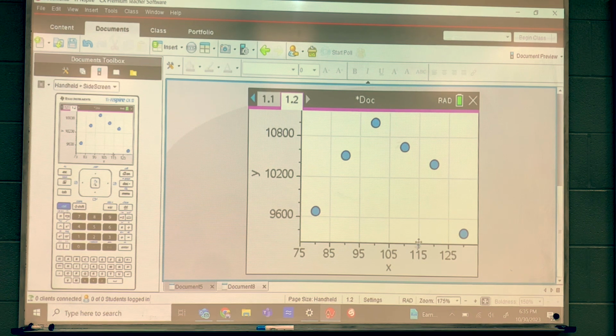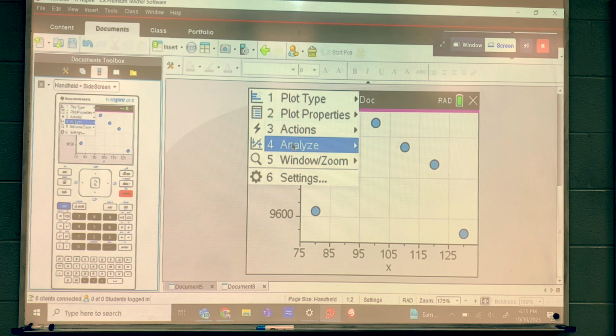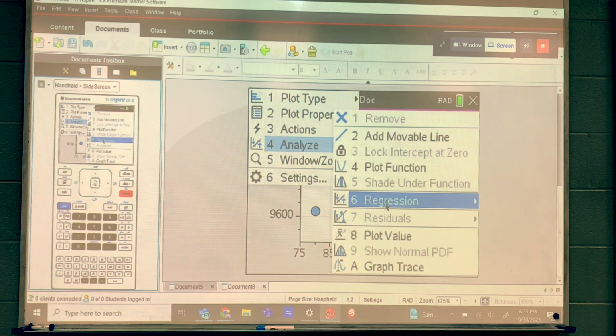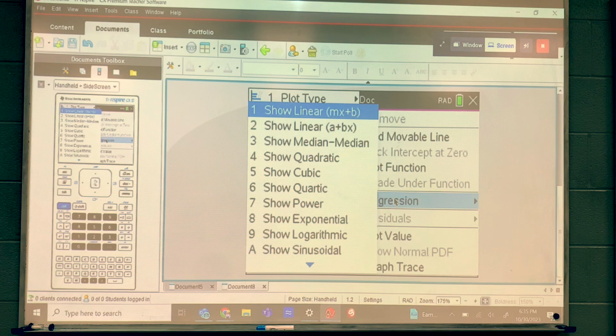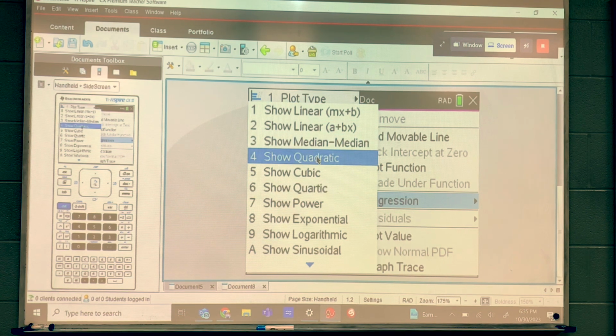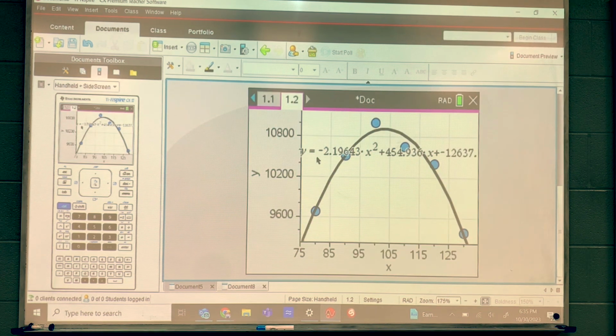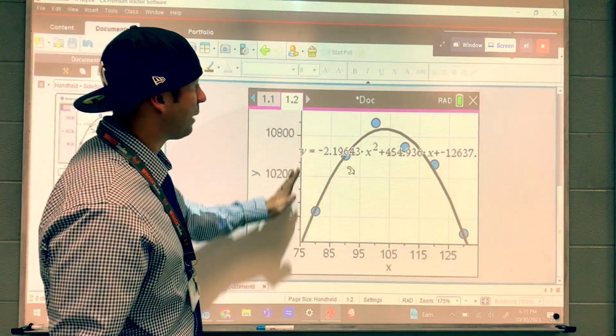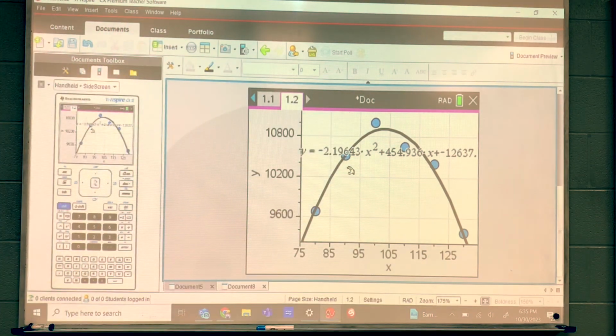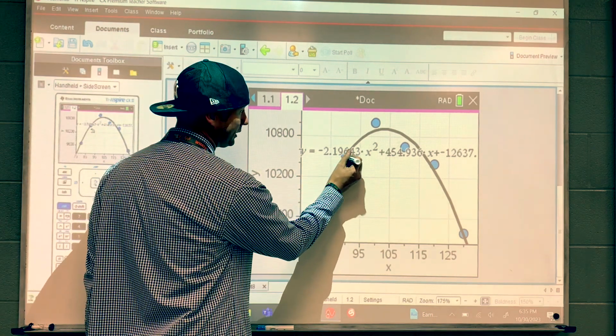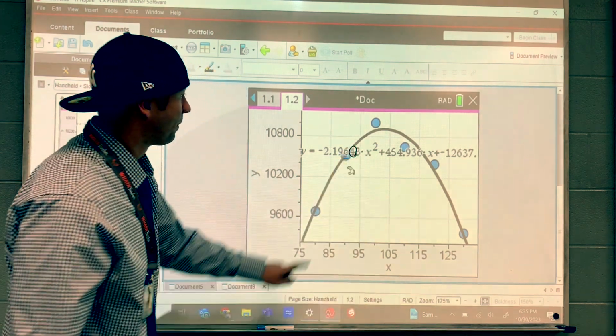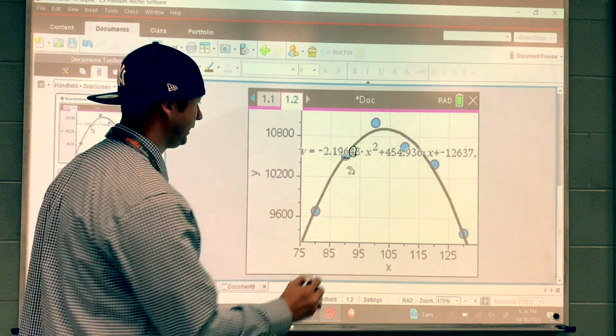The equation is going to be menu 464. Even if you can't remember the number, menu, I want to analyze the graph. We're talking about regressions and quadratics. That's what we're on right now, quadratics. So 464. So here is the equation that best models it. It said thousandths place, so tenths, hundredths, thousandths. So 3 decimal places, so we look at that. If this number is smaller than 5, it is.